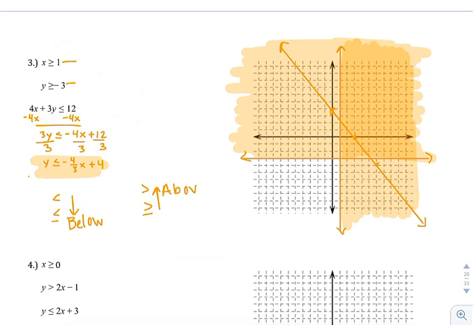Which way is less than 4? This way or that way? Well, less than is going to be below. So because it's less than, I kind of just know that my shading is going to be below, or like the bottom half, if you will, of that line. So you can test a point, or you can visually look at it and understand if it's less, below, if it's greater, above.